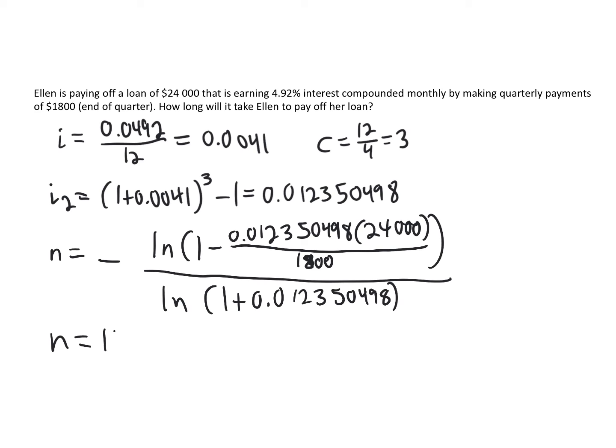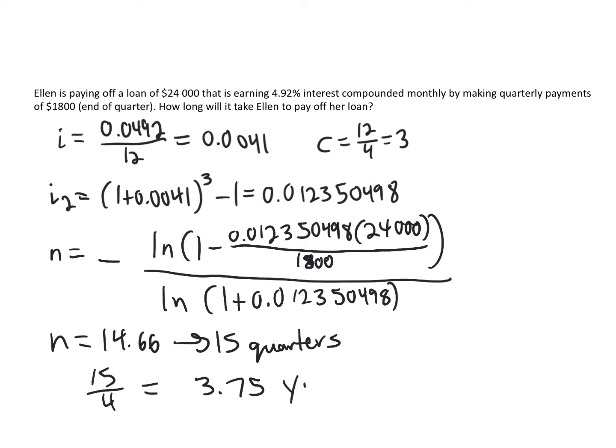N ends up being 14.66. But again, we always round up, so it's 15 quarters. We take the 15, divide by 4, and we get 3.75 years.